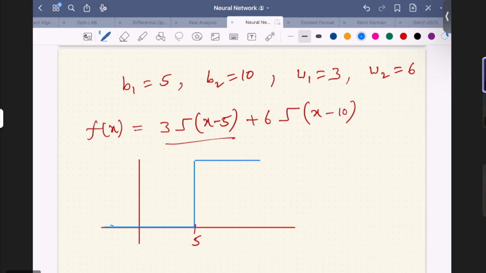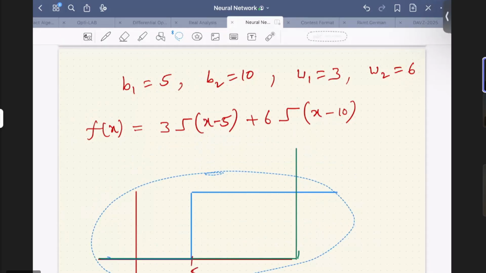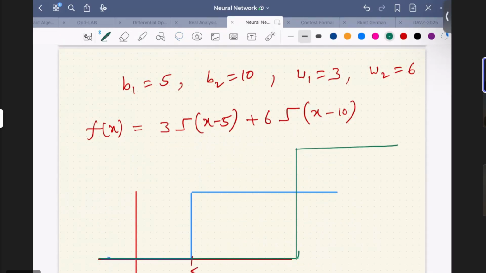This is the first piece. And if you draw the second piece, let me take the green, which is hinge at 10, height is 6. Somewhere it is going up.